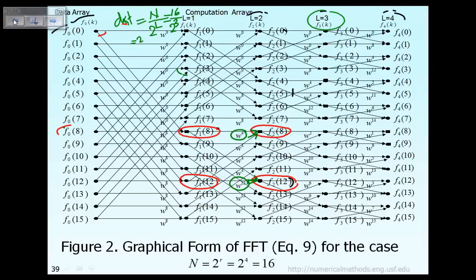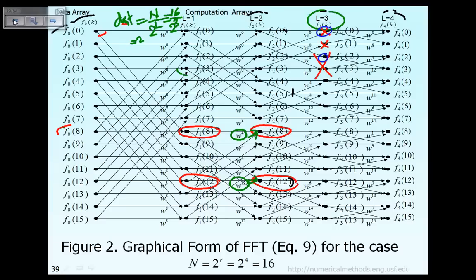What it means is, in level L equal to 3, we compute, for example, the first 2 nodes, and then we skip the next 2 nodes. The reason we skip the next 2 nodes is that when we compute F30, we can also at the same time compute F32, instead of adding, we subtract.